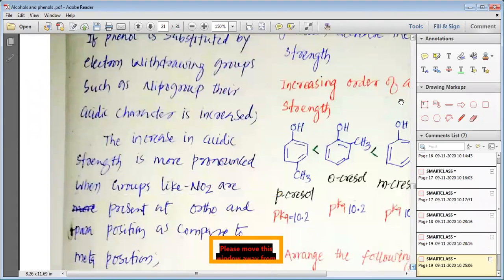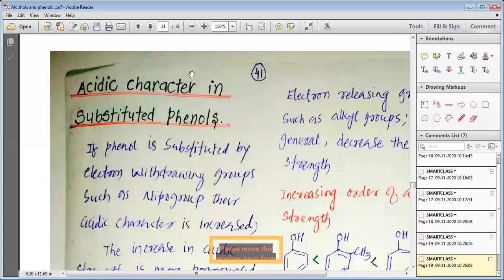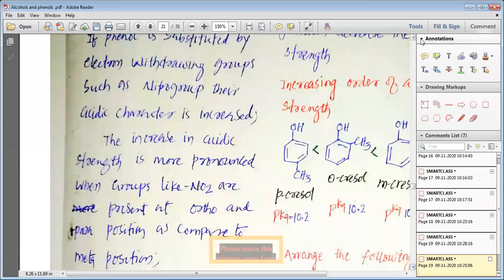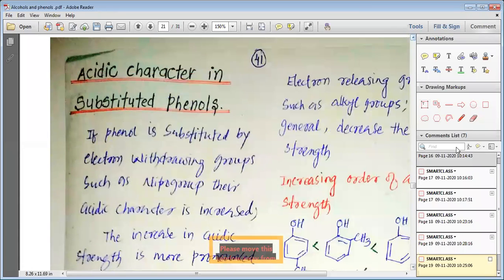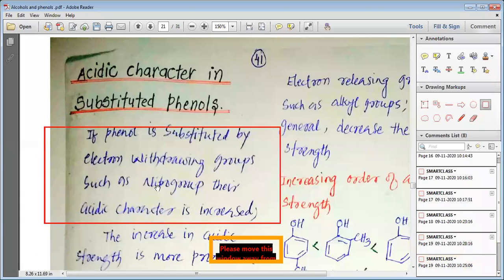So, let us have a look at this point, my dear students. Acidic character in the substituted phenols. If phenol is substituted by an electron withdrawing group such as nitro group, acidic character is increased. Please remember, this is a very important point. If phenol is substituted by an electron withdrawing group, my dear students, then the acidic character increases.